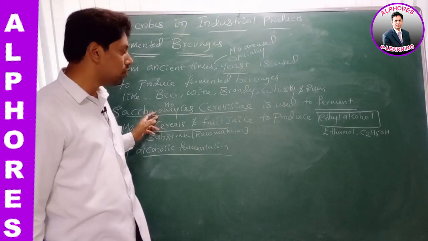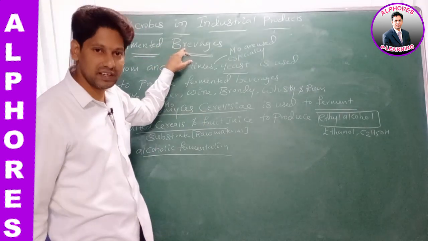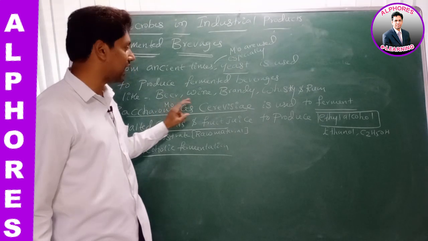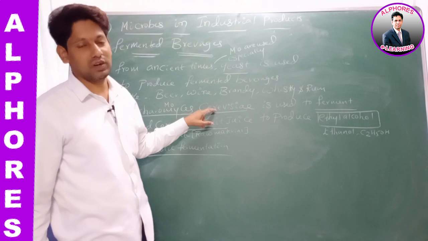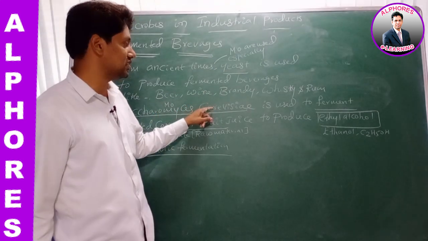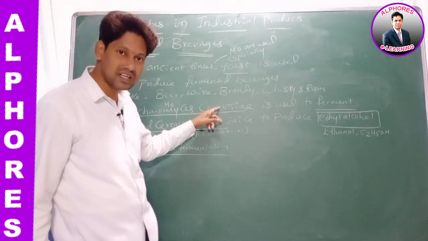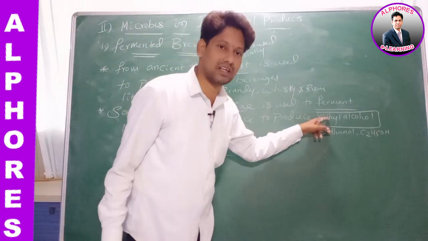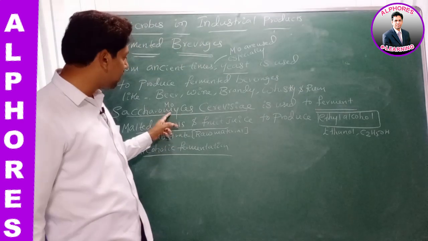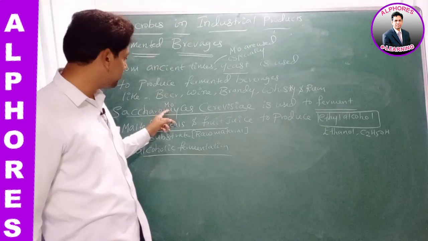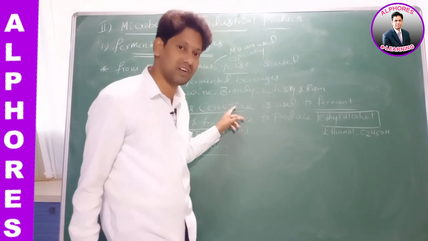It means Saccharomyces cerevisiae is involved in the production of fermented beverages. So we are calling Saccharomyces cerevisiae brewer's yeast. What is the common name of Saccharomyces cerevisiae? Brewer's yeast. Why? Because it is involved in the production of alcohols, which are fermented beverages.